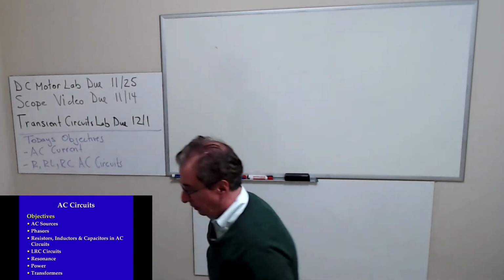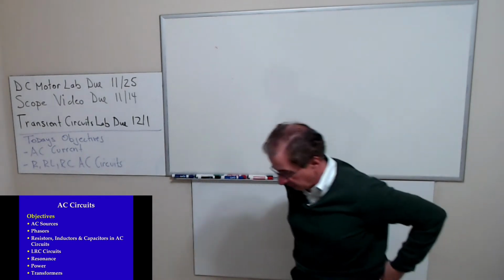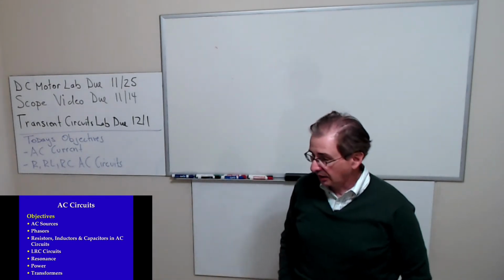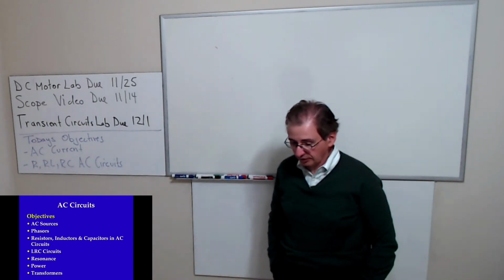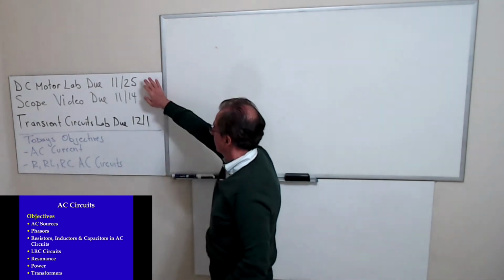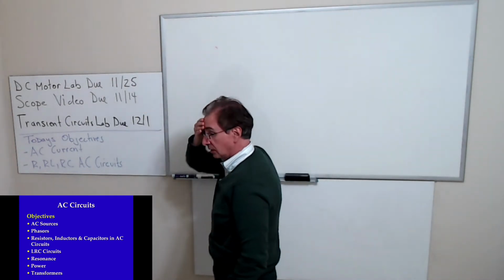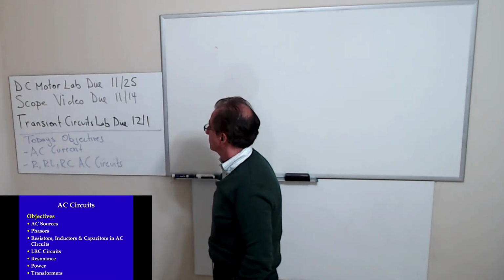What I want to do in this remaining hour, maybe 55 minutes or so, is start talking about chapter 33. Just some reminders: your motor lab is due on the 25th. The scope video is due tomorrow.